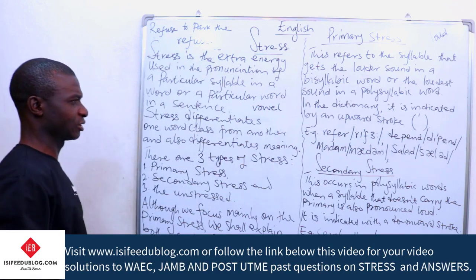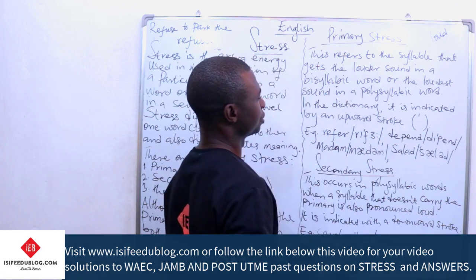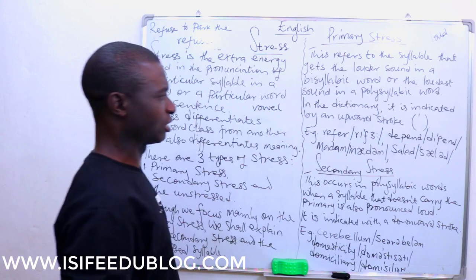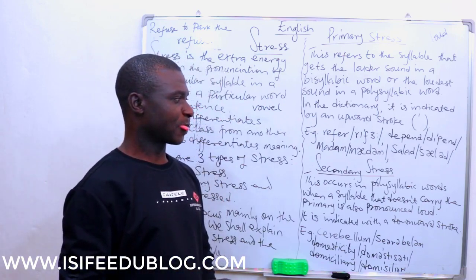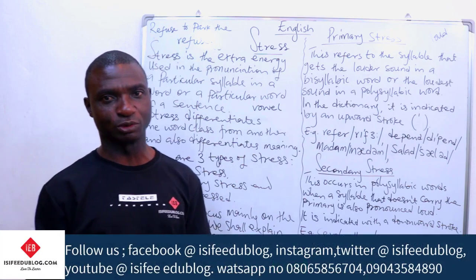Okay, let's continue with that. Now, in the dictionaries, stress is indicated by an upward stroke, except for the BBC dictionary.